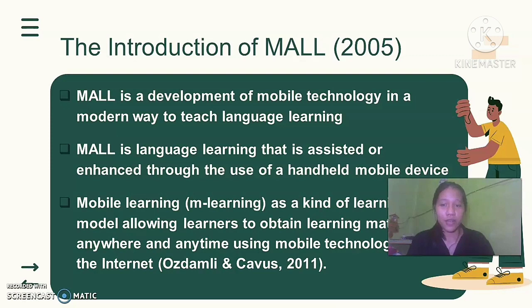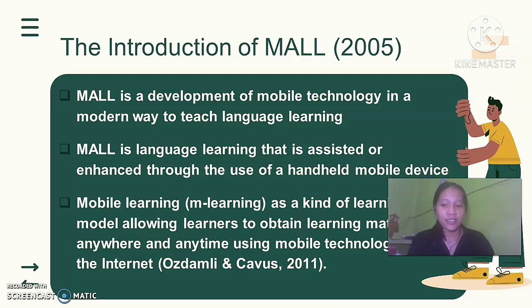And then, what is MALL? MALL is a development of mobile technology in a modern way to teach language learning. It means that the use of mobile technology has changed the way people use devices for language learning.